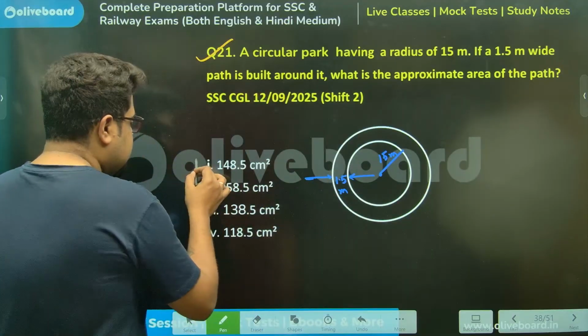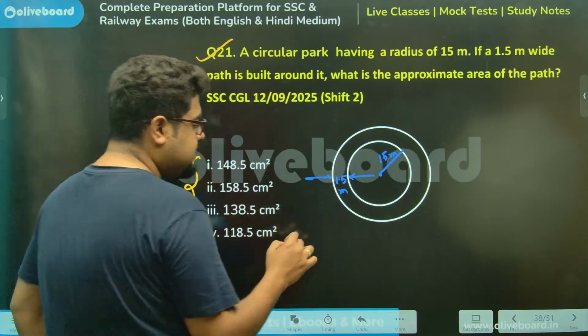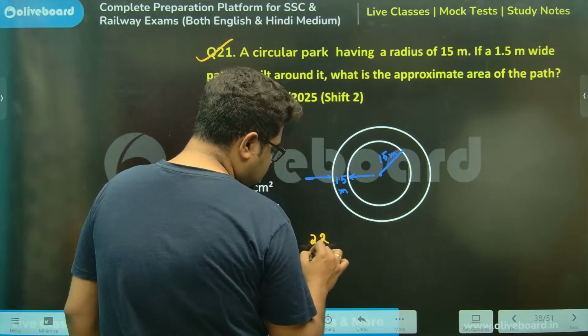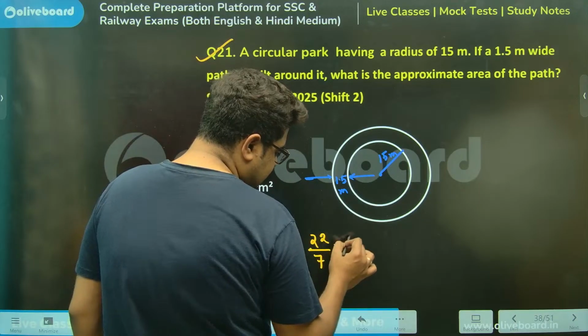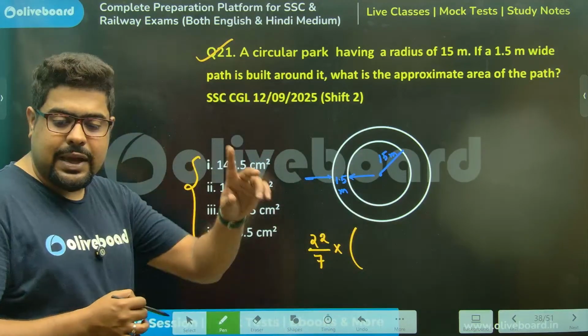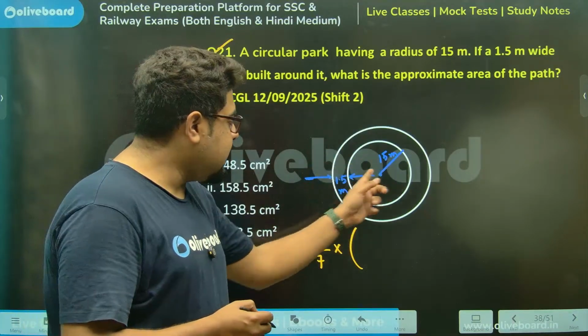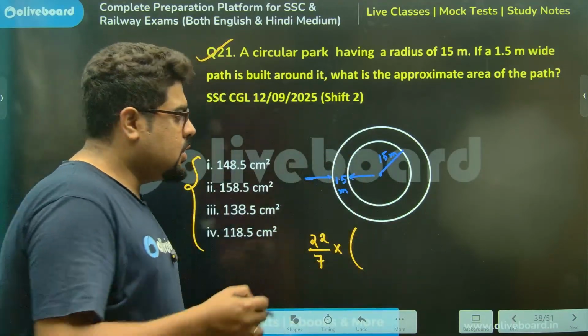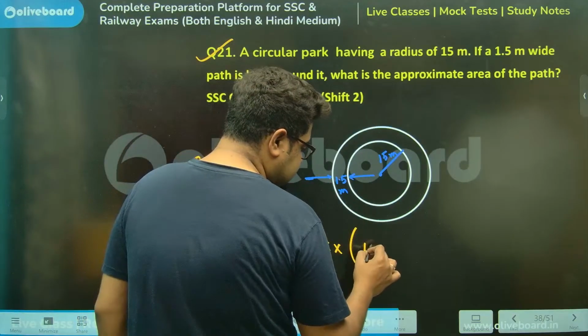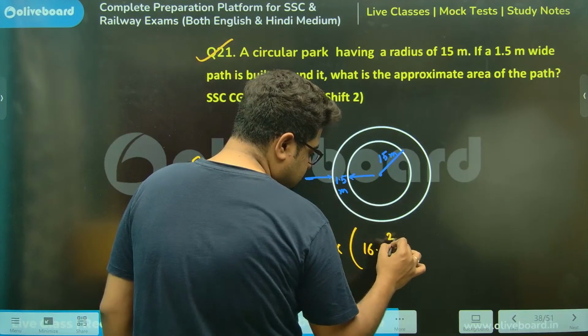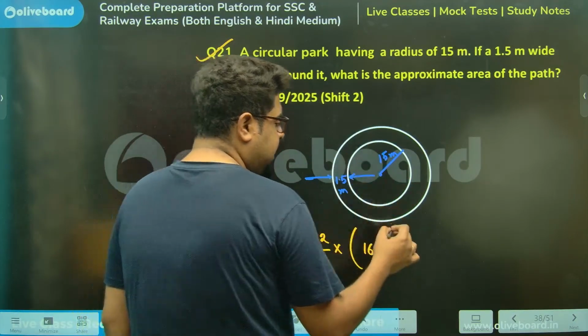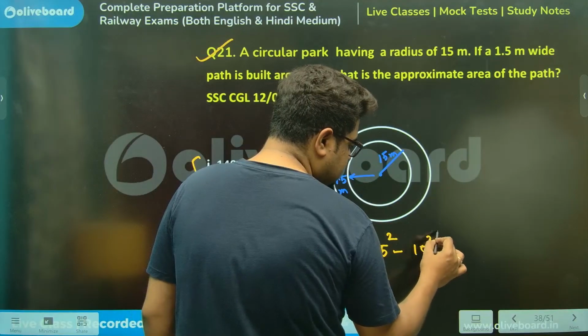So again, there is no pi in the options. Let's figure it out. 22 by 7, capital R square. What will be capital R? 15 and 0.5 here, because radius will increase in only one direction. So 15 and 1.5 meaning 16.5 minus, this will be 15 squared, the small r.